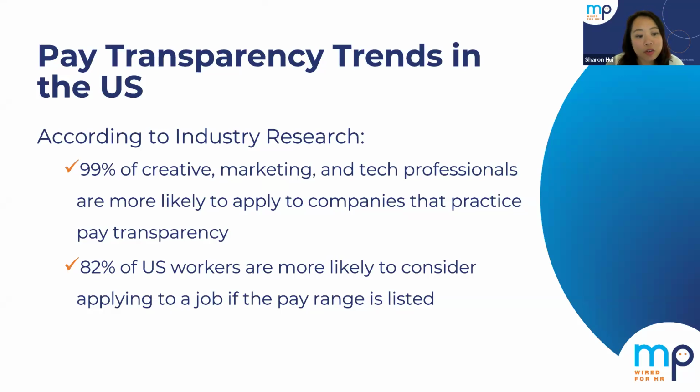According to industry research, 99% of creative, marketing, and tech professionals are more likely to apply to companies that practice pay transparency. 82% of US workers are more likely to consider applying to a job if the pay range is listed.